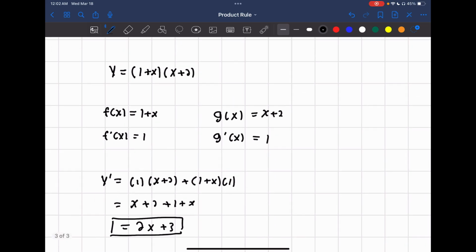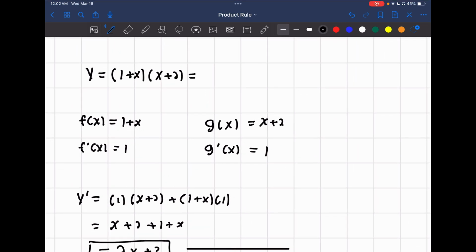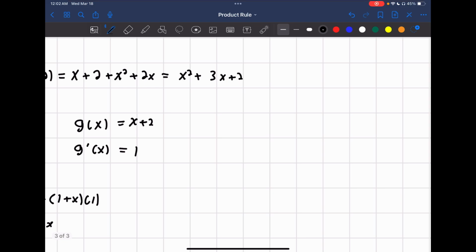You could also do this question by expanding this equation, which is equal to x squared plus 2x plus x plus 2, and this will give you x squared plus 3x plus 2.